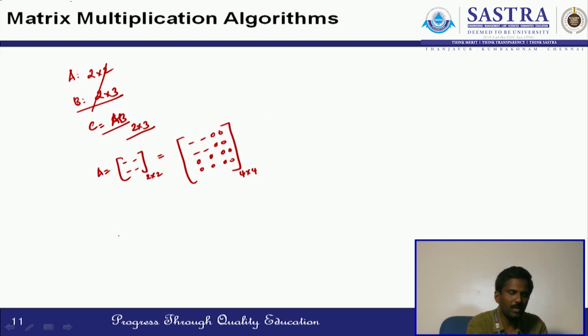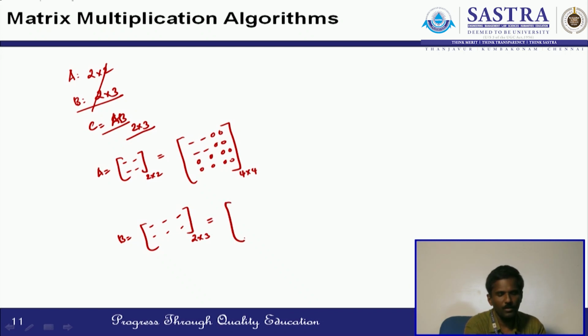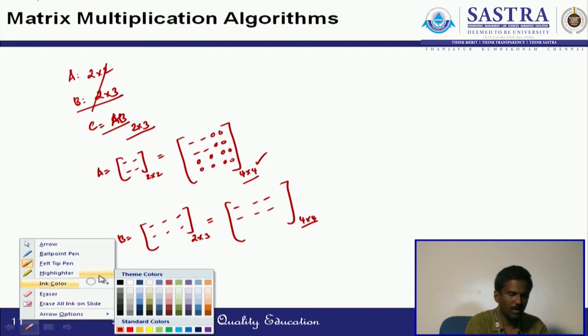And likewise, matrix B currently takes 2 rows, 3 columns: row 1, row 2, C1, C2, C3. This should be converted into the same 4 by 4 matrix by introducing enough dummy rows and dummy columns.